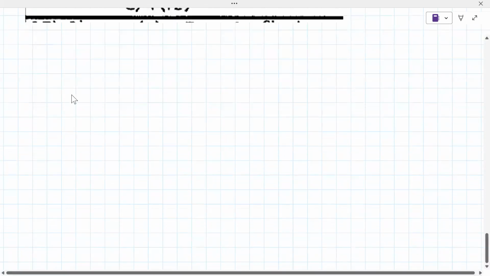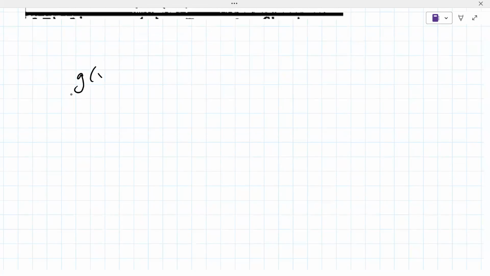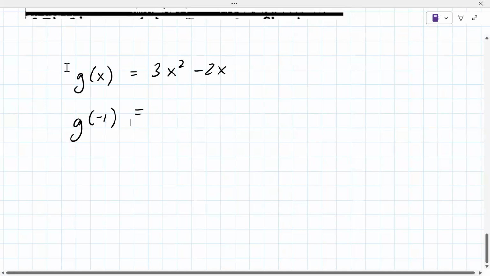Now let me make this slightly more difficult here. Let's say g of x equals 3x squared minus 2x, and I want you to find g of -1.